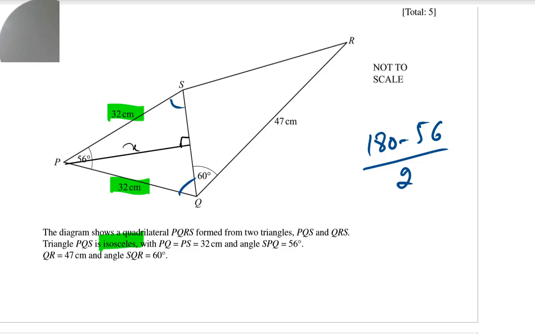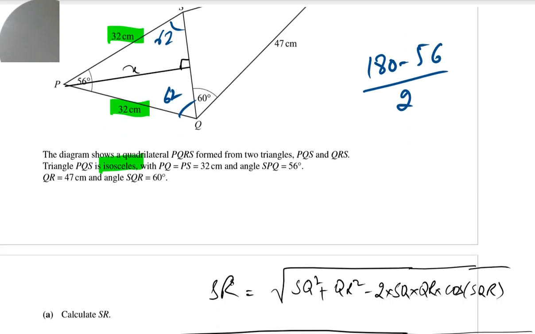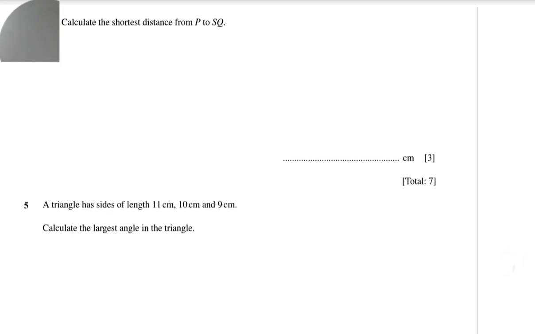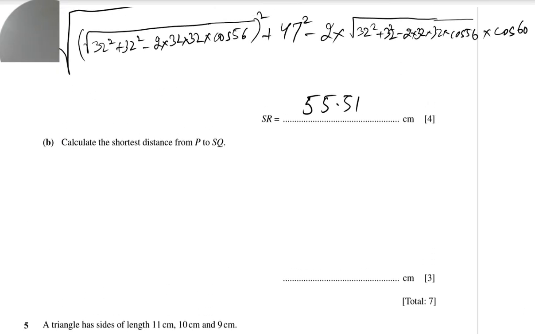So these both angles are 62. I'll be using sine, since the opposite of 62 and the hypotenuse are involved. Sine of 62 would be opposite over hypotenuse.